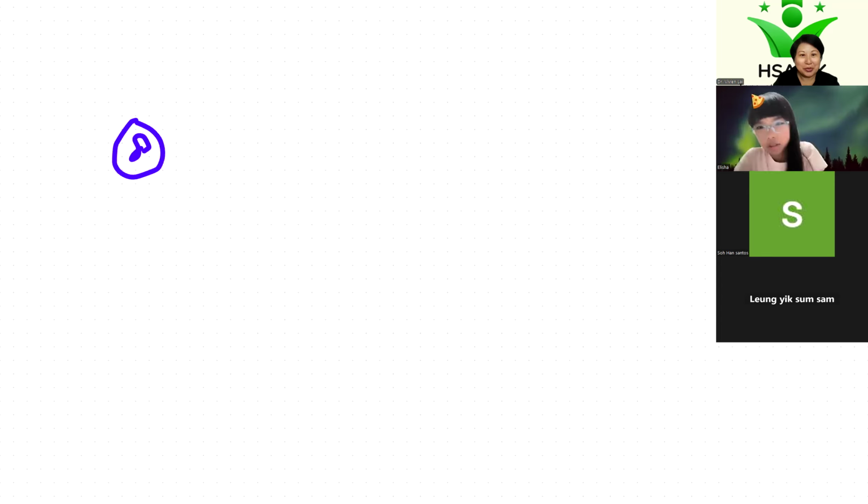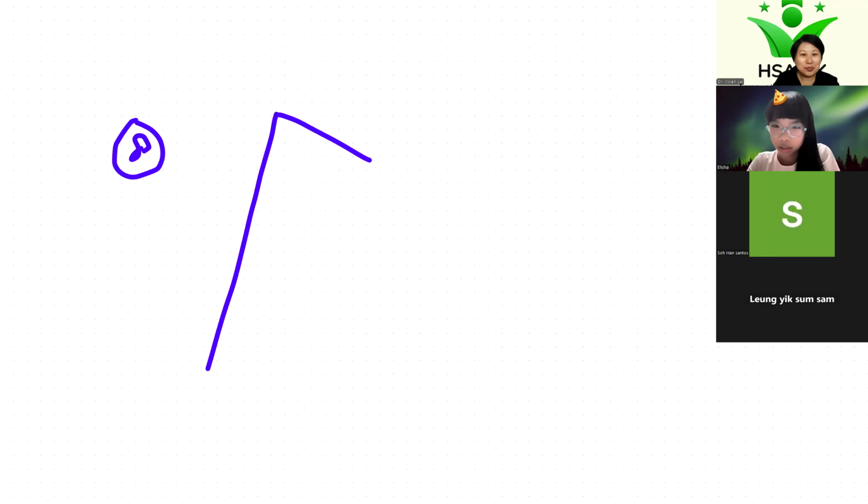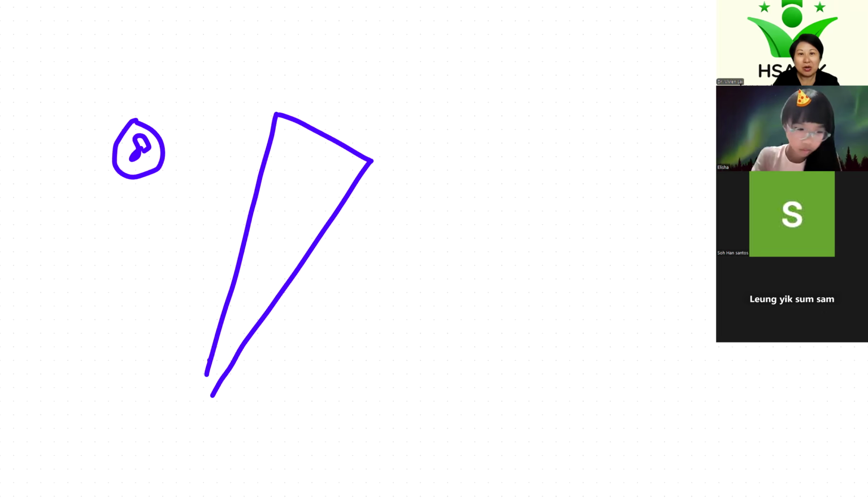Okay. Question number 8. Now you see it becomes another triangle, which is not in a nice form. Okay. So right angle and theta.